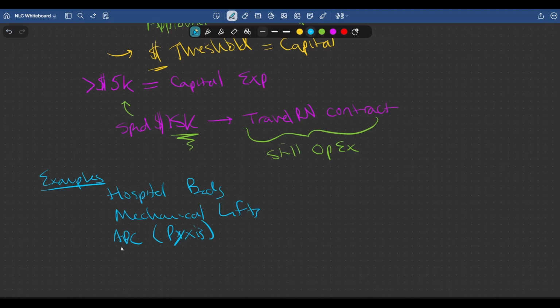And then things like buying or maybe constructing or renovating a building. All of that. Forgive my spelling. But all of these are capital expenses. And so you want to think about, if it depreciates in value and it might need to be replaced, then it's probably a capital expense.